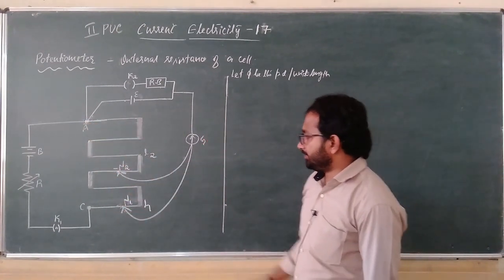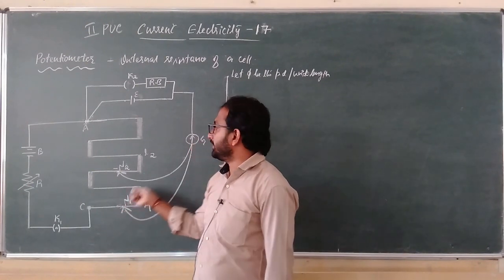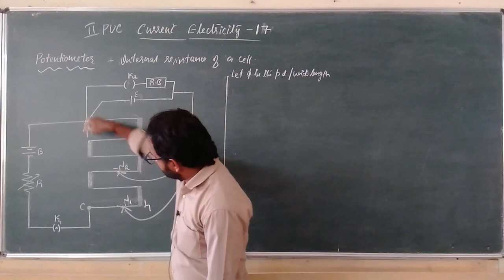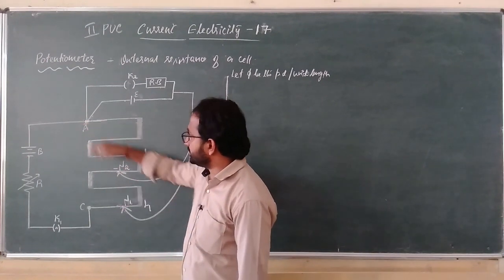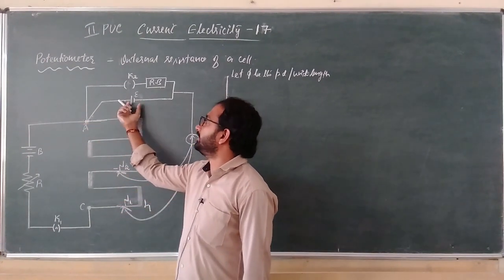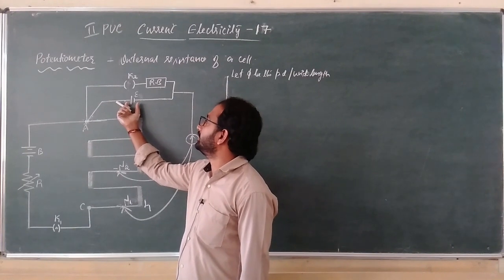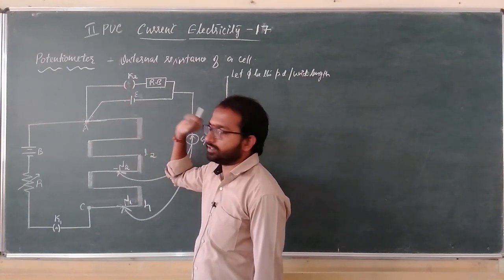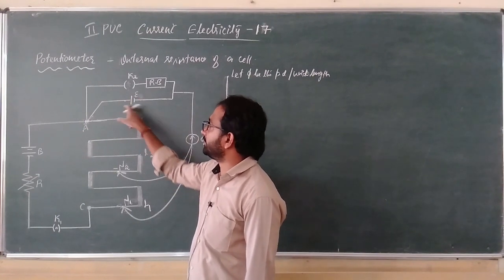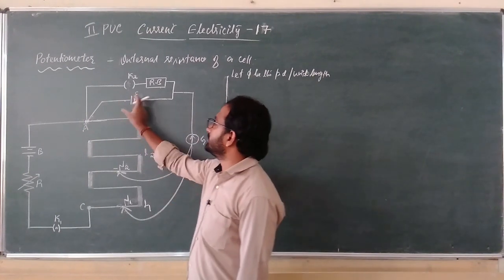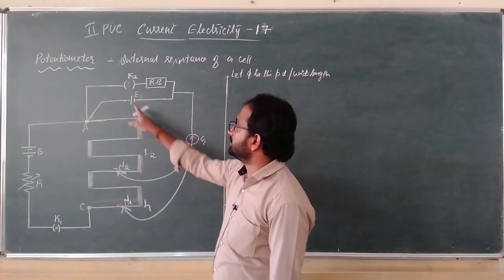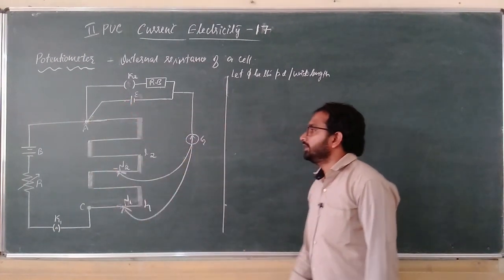At N1 the galvanometer shows zero deflection, which means the potential difference across A and N1 is equal to the EMF of the cell, because K2 is open and no external resistance is connected to the cell.